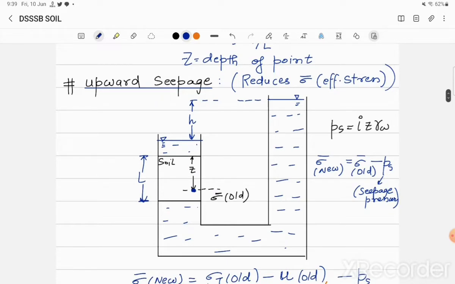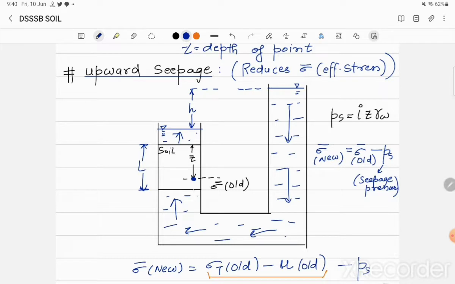As you can see from the figure, here is a soil sample embedded in a frame, where water from a higher level is coming through like this and going through the soil. This is an example of upward seepage.